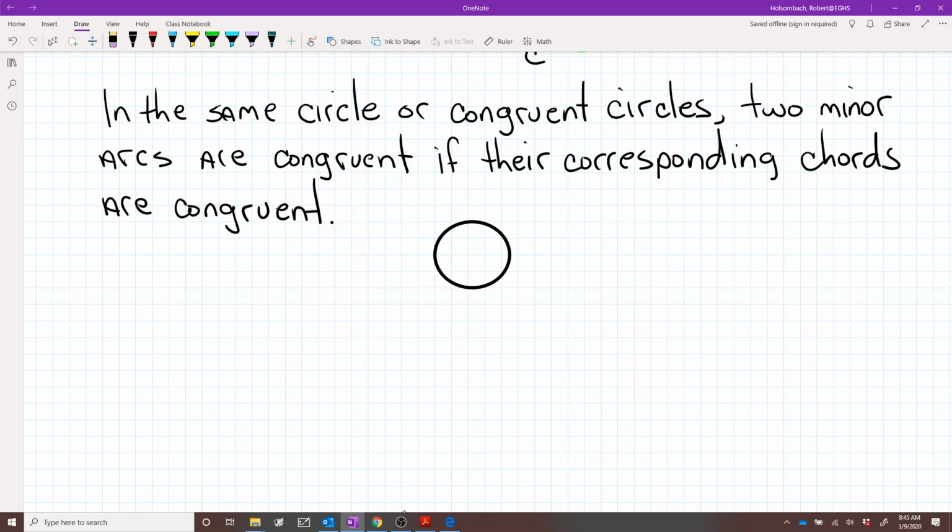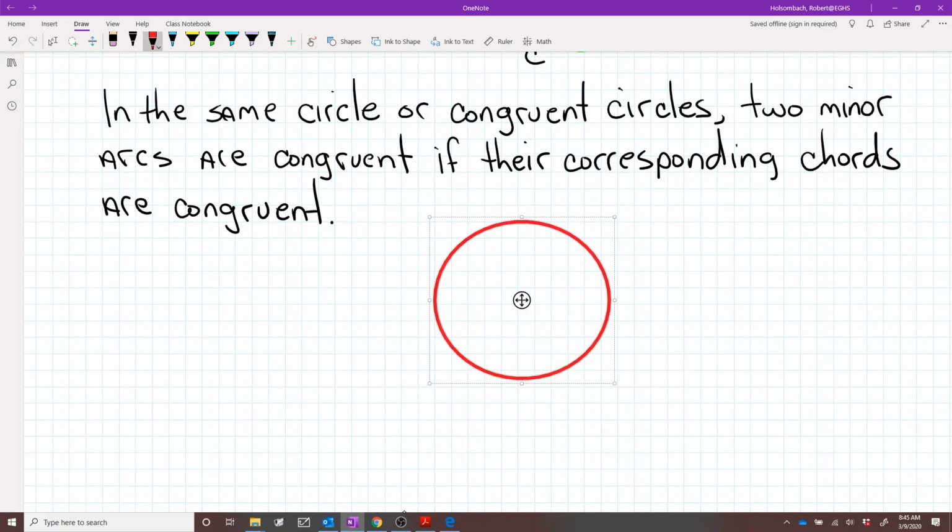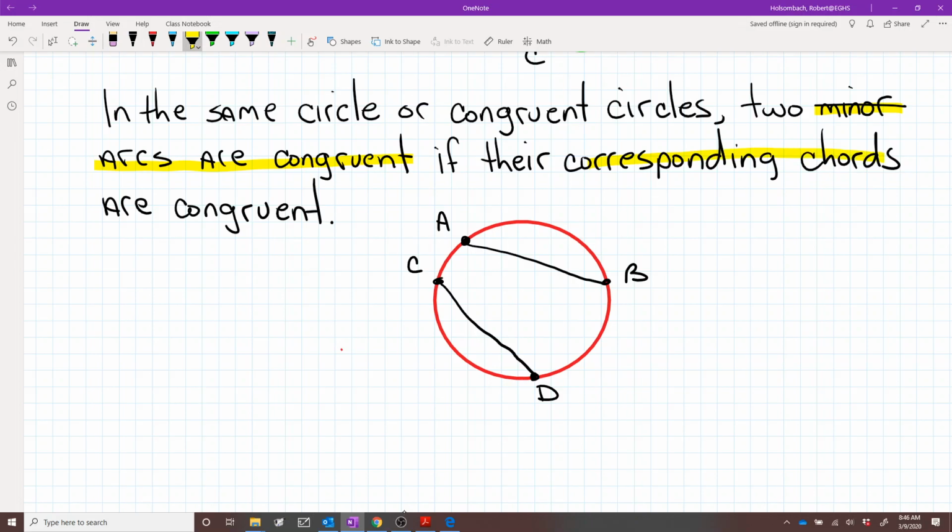So here's a diagram of that. If you got a chord right here, chord AB, and a second chord inside this circle, chord CD, minor arcs are congruent if corresponding chords are congruent.